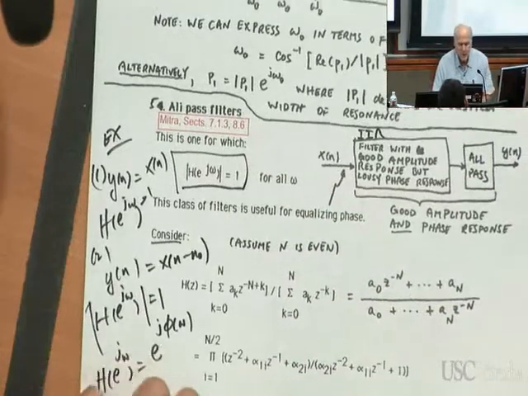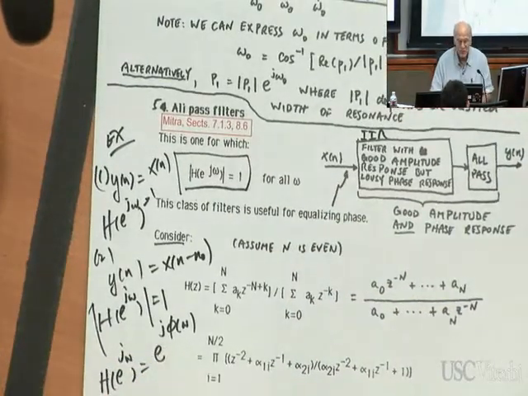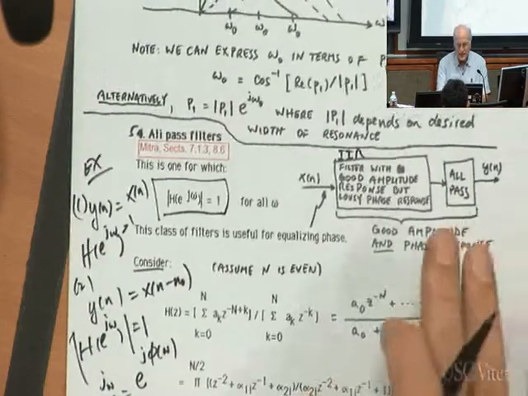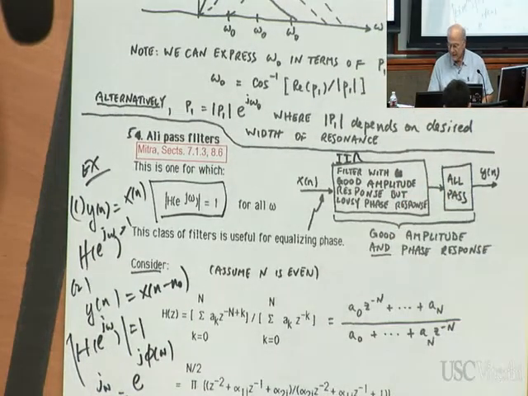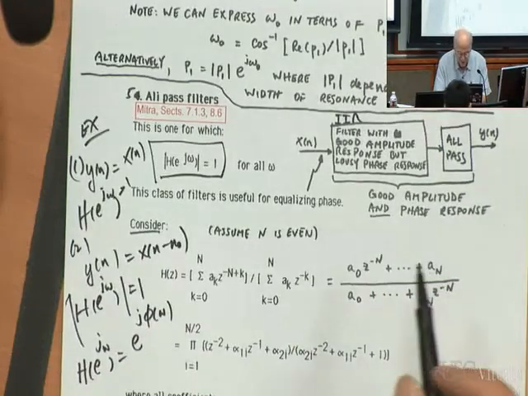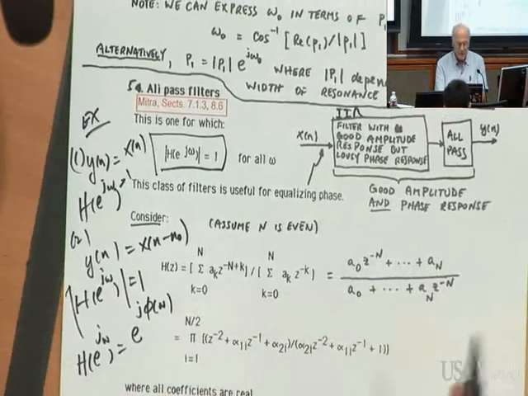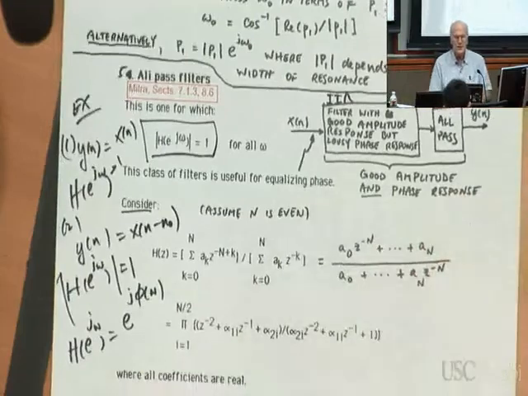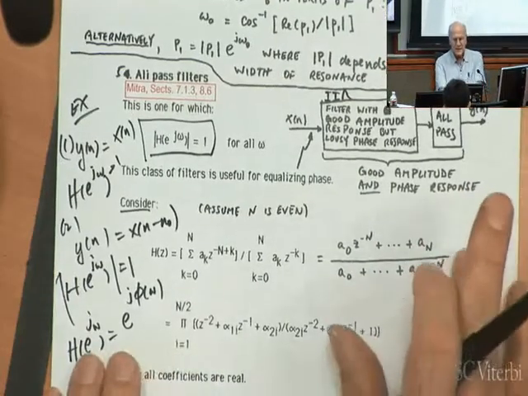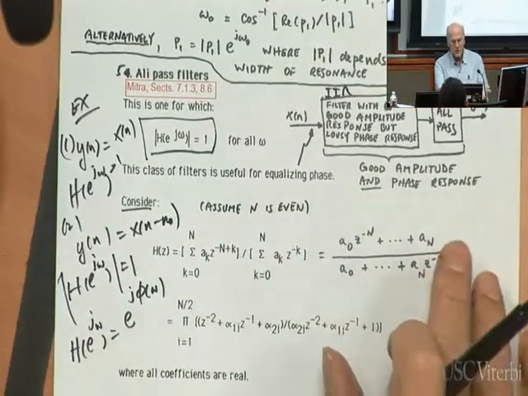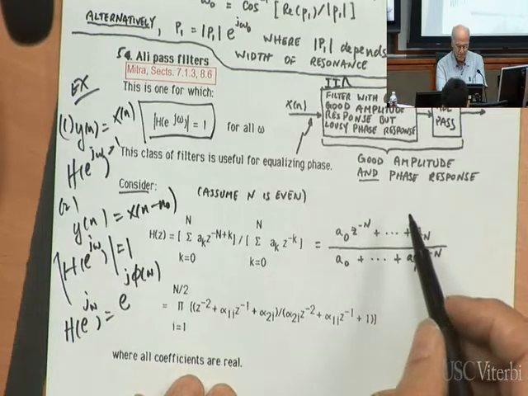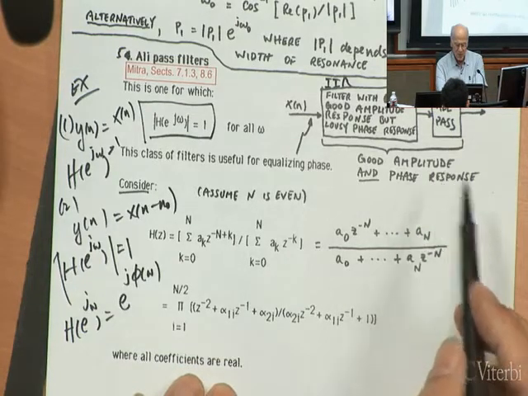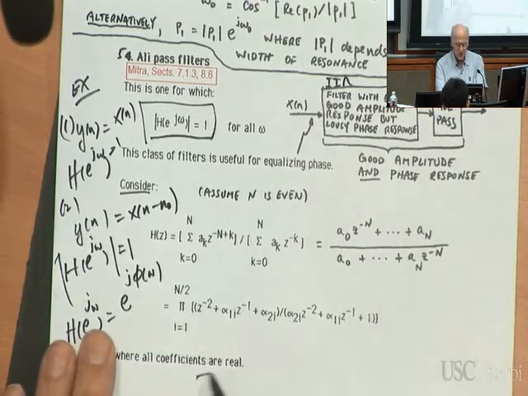Let's take a more interesting example of an all-pass filter where we can actually design it to do this phase equalization. Here is the general representation of an all-pass filter with non-trivial coefficients, and in this case all the coefficients are real.